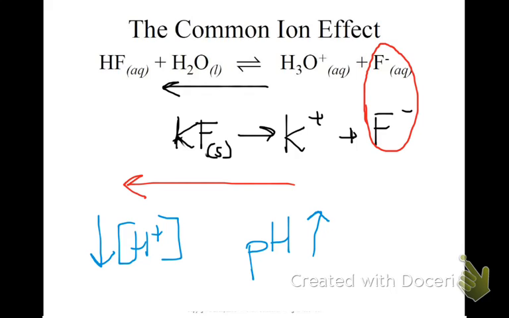It's going to take this acidic compound and drive the equilibrium back, so it's going to end up using up these H3O+, which is going to lower the hydronium concentration, which is going to increase the pH. So we add something to an acidic solution and it changes the pH, even though this potassium fluoride itself is not acidic or basic, but it drives the equilibrium based upon Le Chatelier's principle.